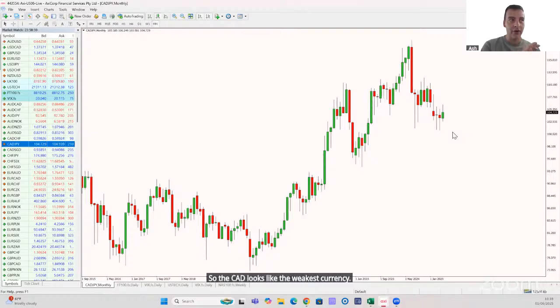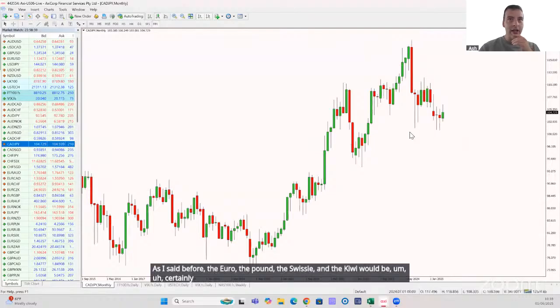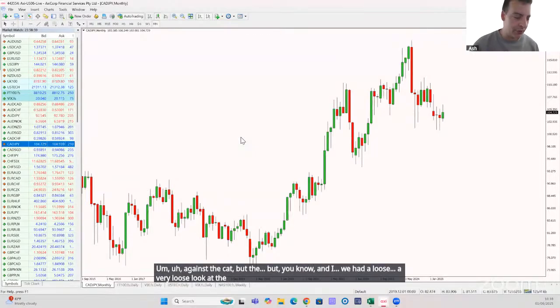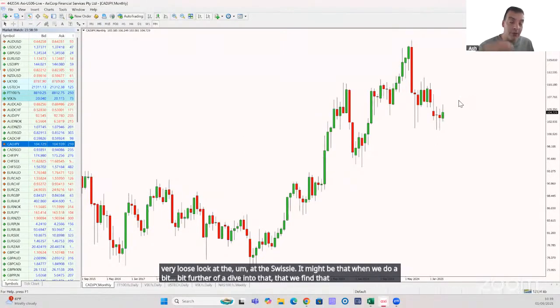And currently, as I said before, the euro, the pound, the Swissy, and the Kiwi would be certainly ones to have a look at against the CAD. But we had a very loose look at the Swissy. It might be that when we do a bit further of a dive into that we find that one of the others is better. But we certainly want those ones on our buy list.